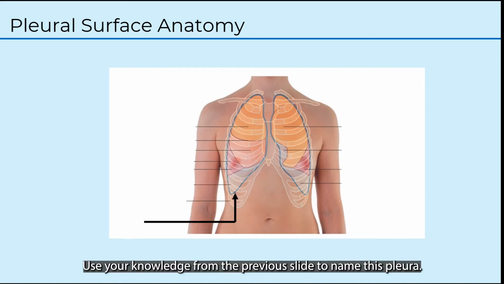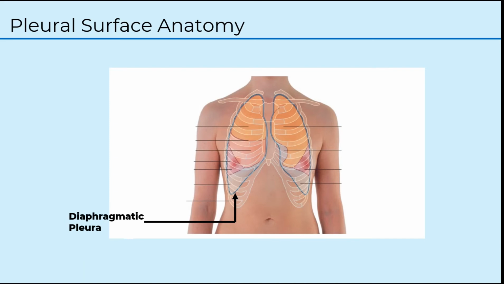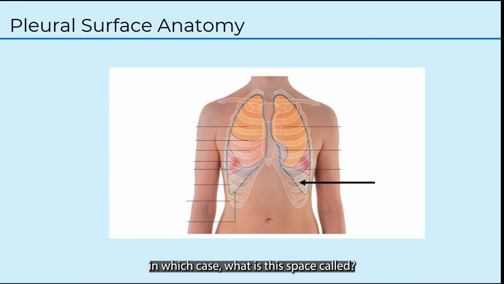Use your knowledge from the previous slide to name this pleura. It lines the diaphragm, and thus this is the diaphragmatic pleura. In which case, what is this space called? This is the costodiaphragmatic recess.